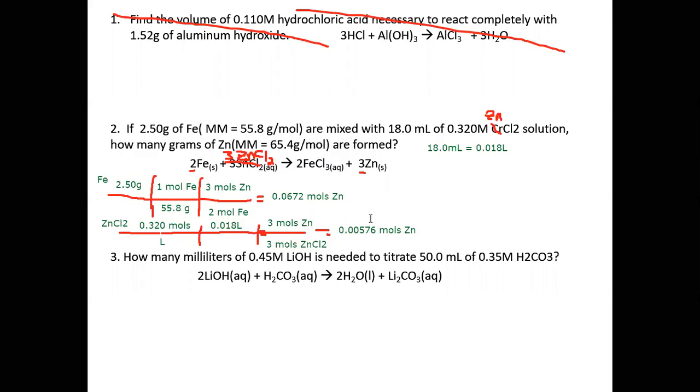So by looking at this, we see that the zinc chloride solution produced the fewer moles of zinc, so it's our limiting reactant. So then we just convert the moles of product produced by zinc chloride into grams.